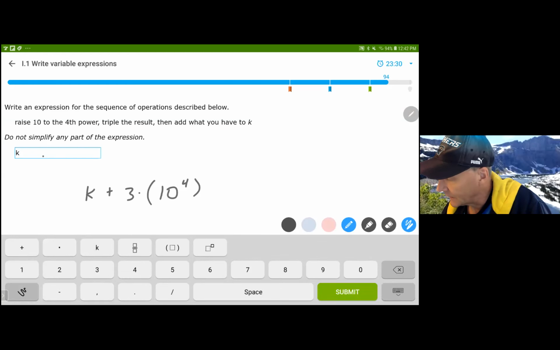So I've got k plus 3 times the parentheses. Again, you don't have to put the multiplication symbol. You could just put the parentheses. I could do just this. Oops. You didn't have to put the times there. 10 raised to the 4th power. Practice using the little symbols and the fraction bars and so on.